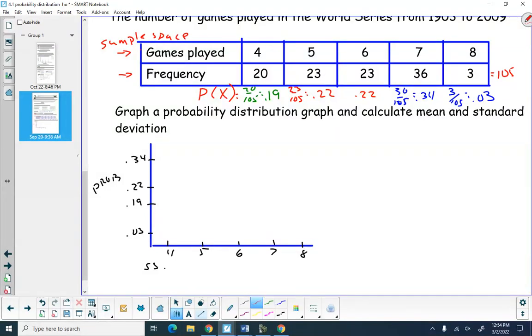I'm just going to get my probabilities there. And I draw my vertical lines.